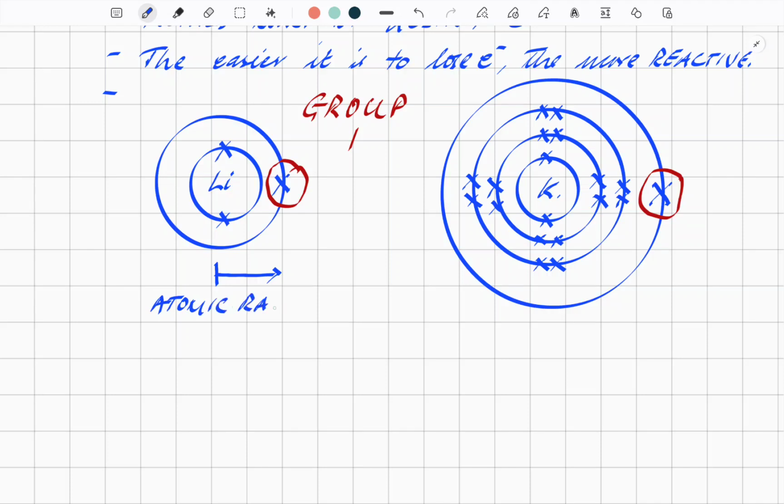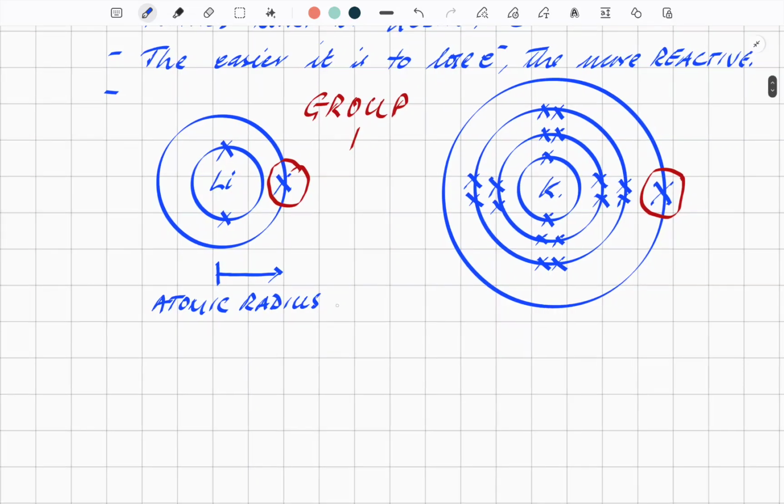You may not have used that phrase in lessons in school. They might not have said that. Don't worry about that. All you need to remember is that it is the distance from the nucleus to the outer electron.